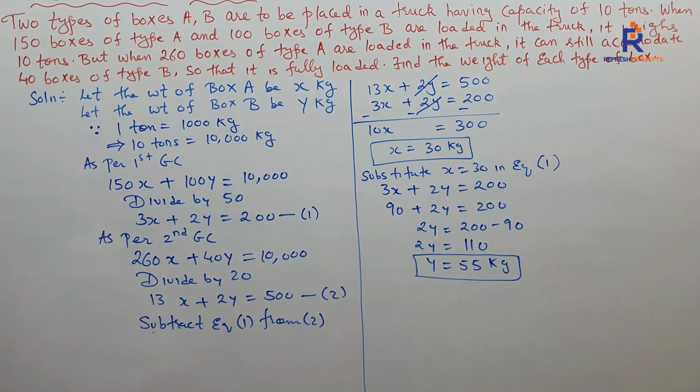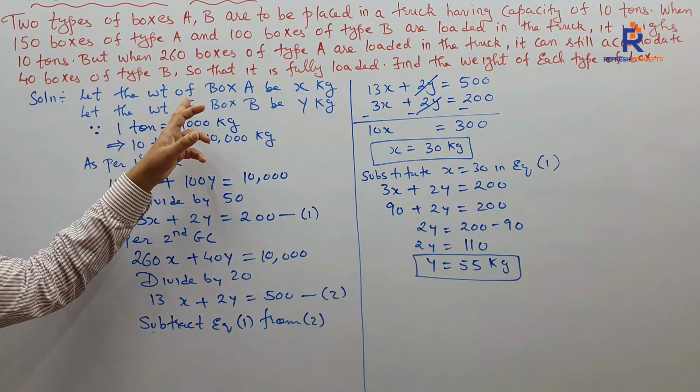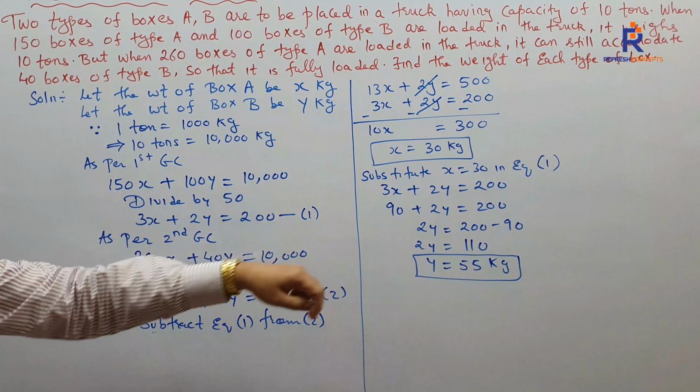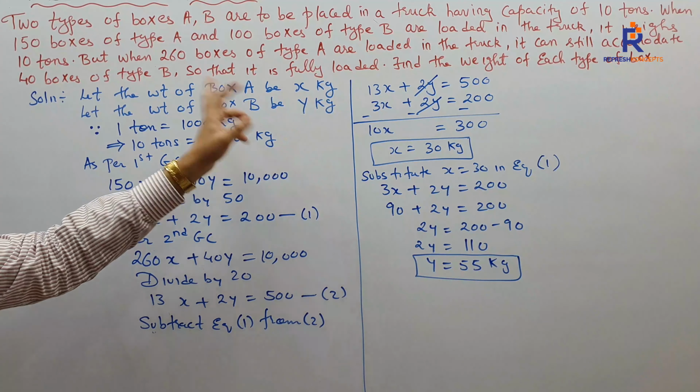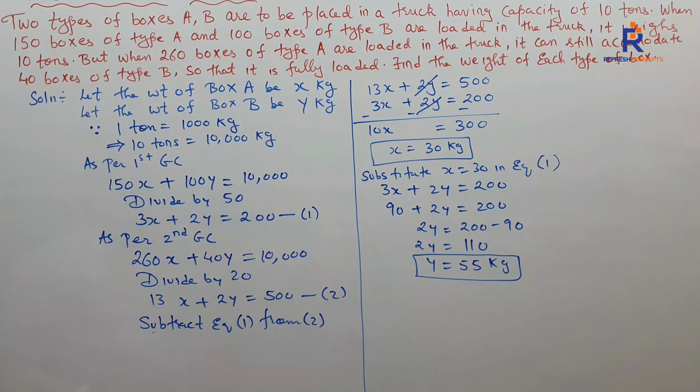So what is the weight of box A? Weight of box A is 30 kg, and that of B is 55 kg.